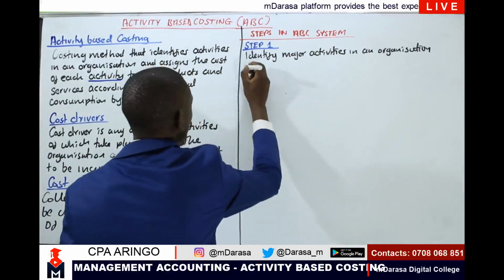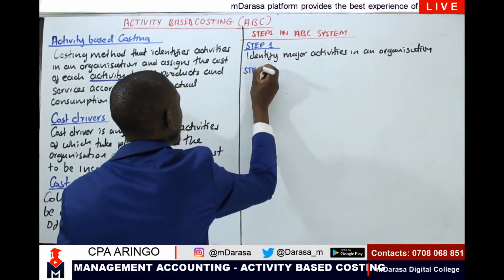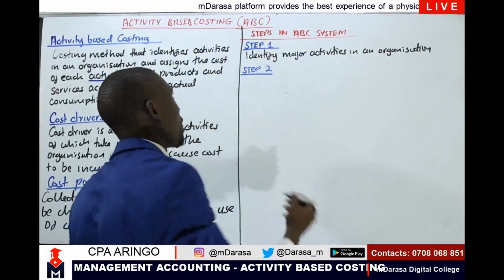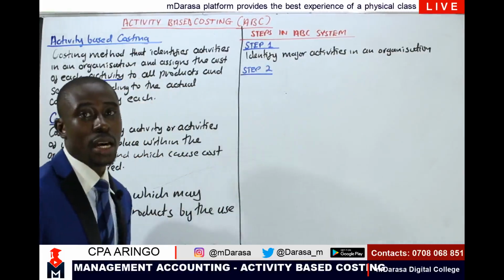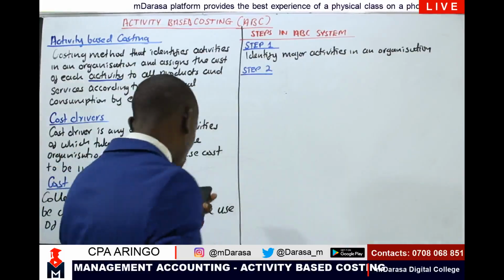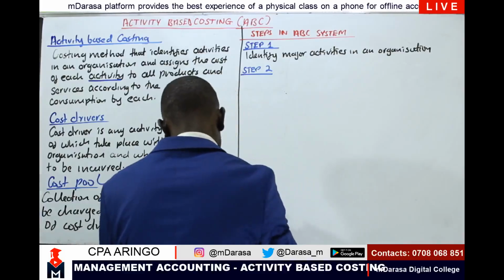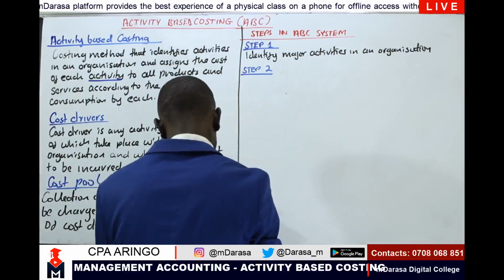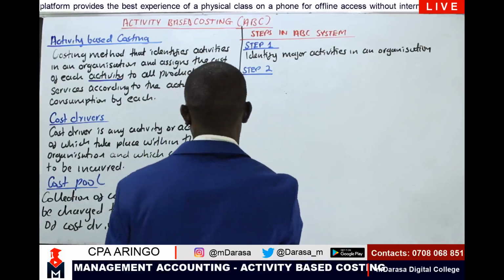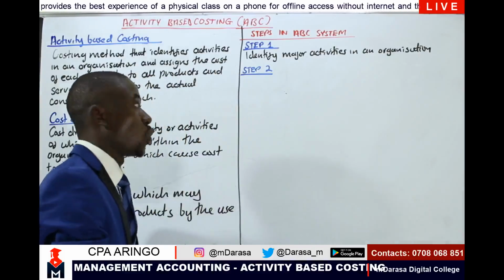That should take us to step number two. What is the second step that you must always have in mind? Step number two: identify the factors which determine the size of the costs. Ideally you are talking of the activity, the cost drivers and the cost pools.